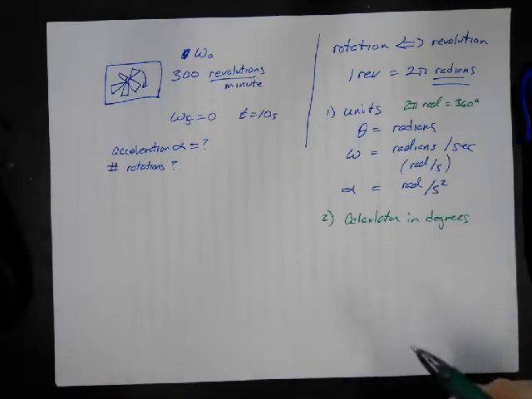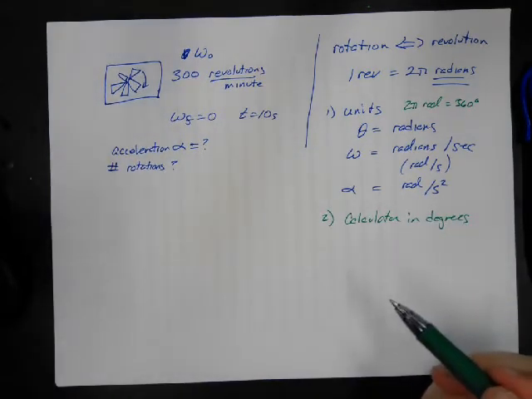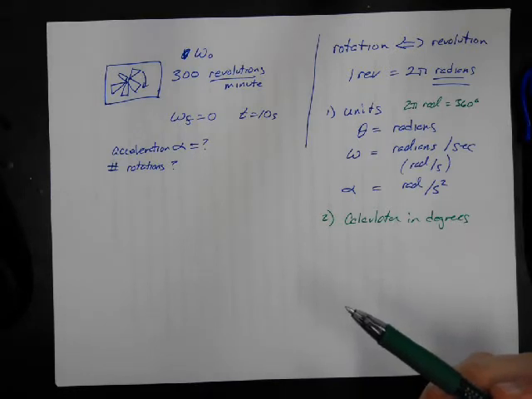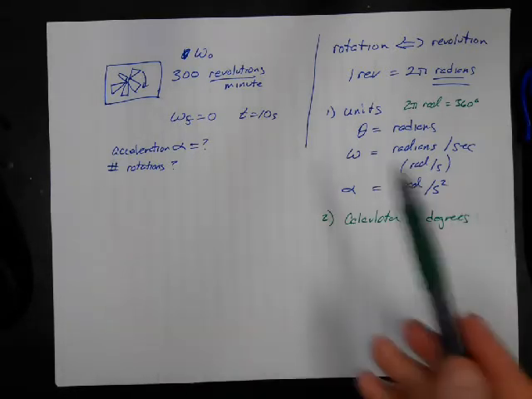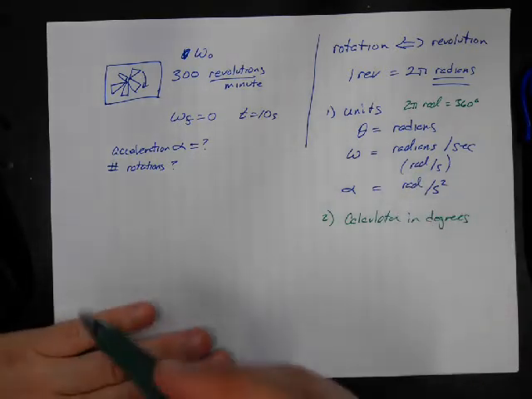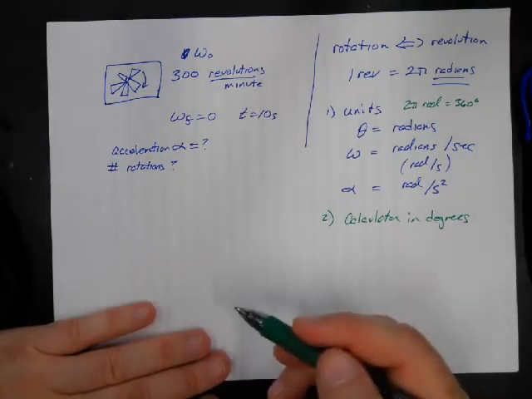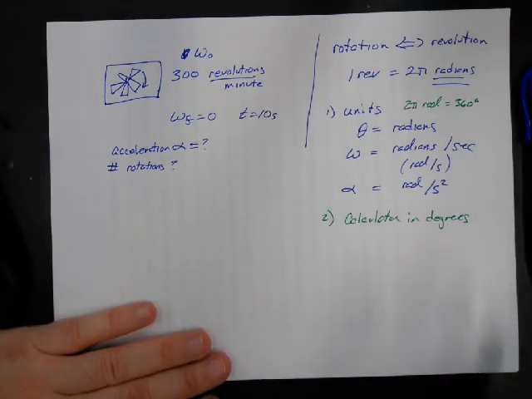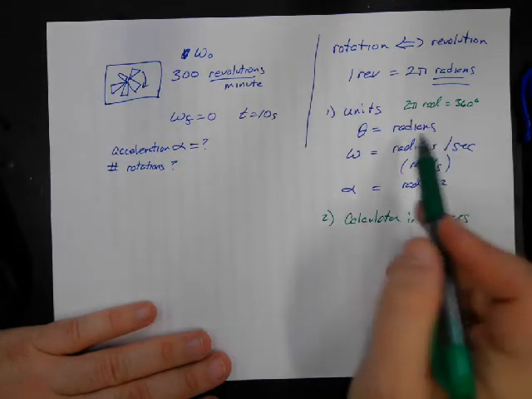Anytime we need to make a conversion, we're going to do it manually. There's a reason for this: we're trying to switch between tangential or translational and rotational variables, and it's just easier to always leave it in degrees and do the translation by yourself. So we're always going to use these units.